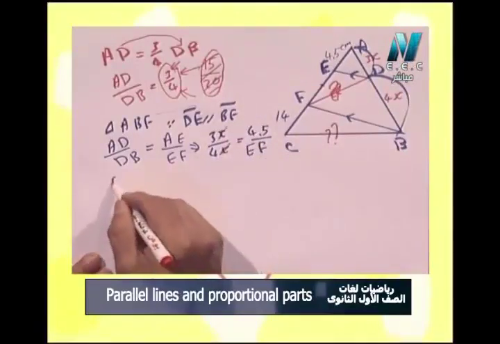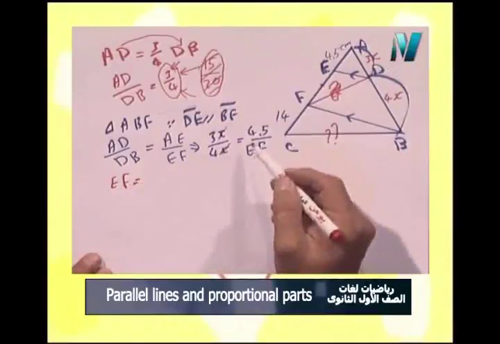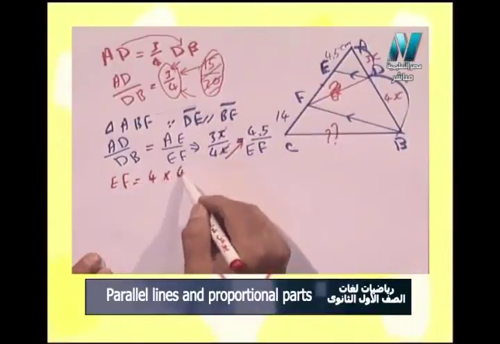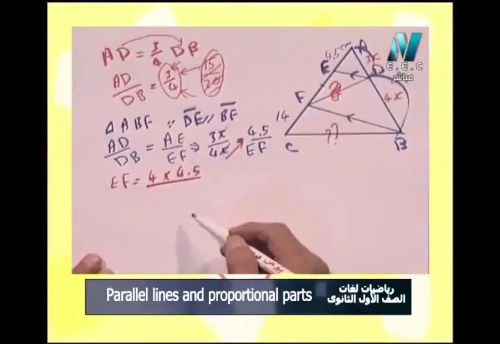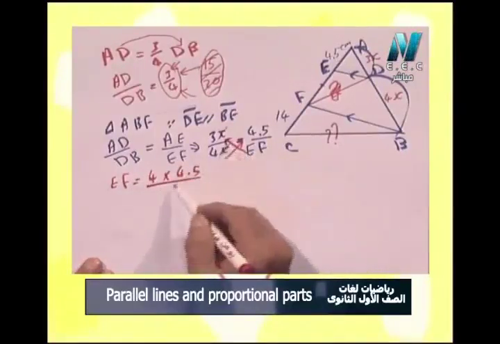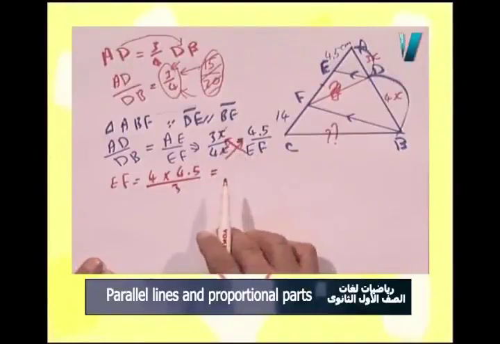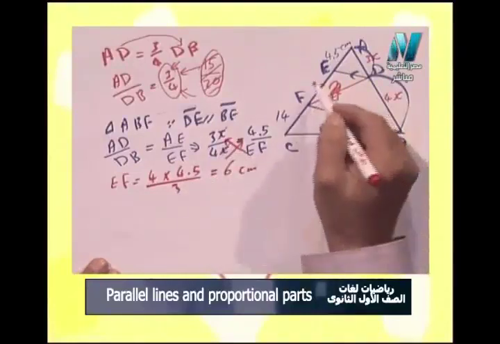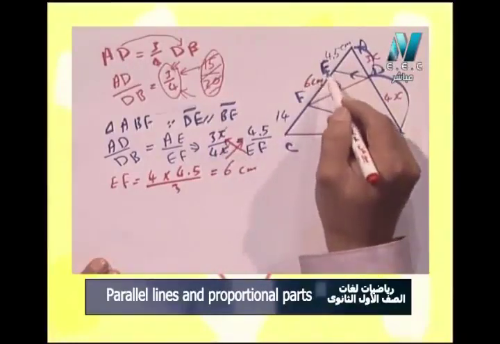So EF will equal 4 multiplied by 4.5 over 3. So EF equals 6 centimeters. We can put 6 centimeters here for EF.